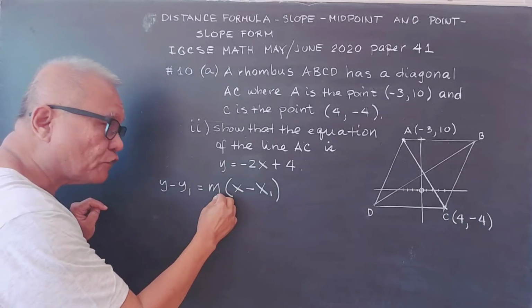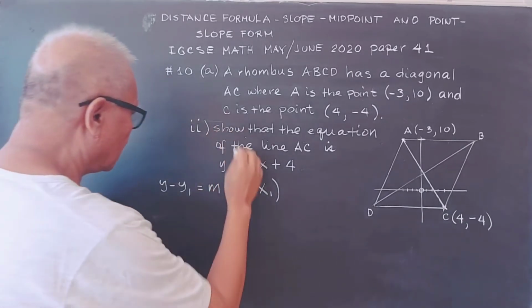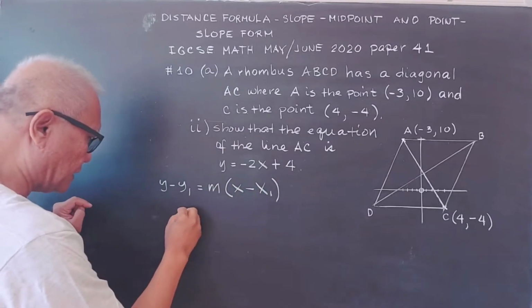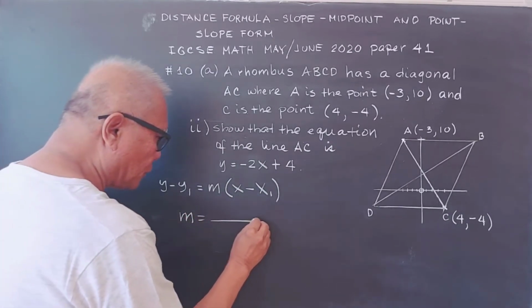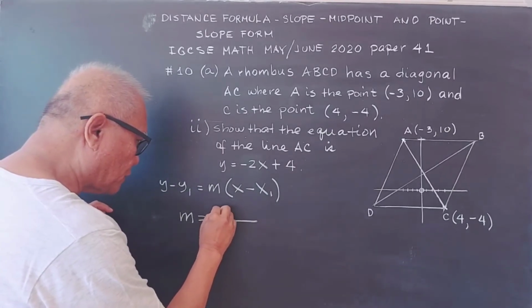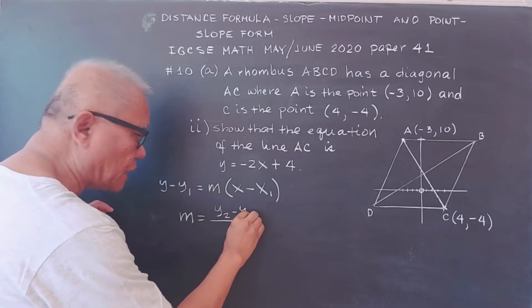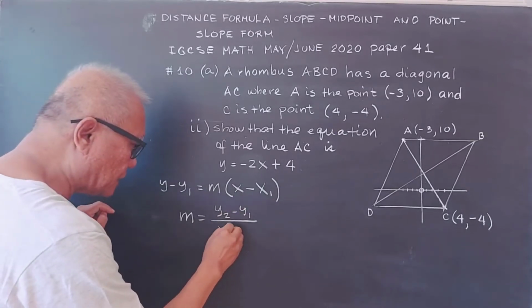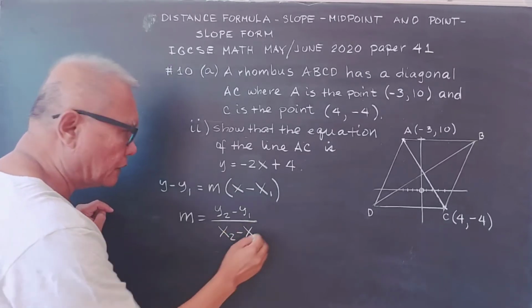But we need to find the slope. So what is the formula for the slope? The formula for the slope is this. Slope is equal to y over x. But if we have 2 points, we have y sub 2 minus y sub 1 over x sub 2 minus x sub 1.